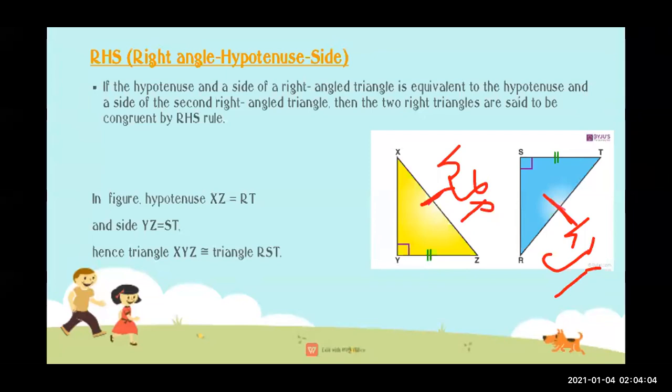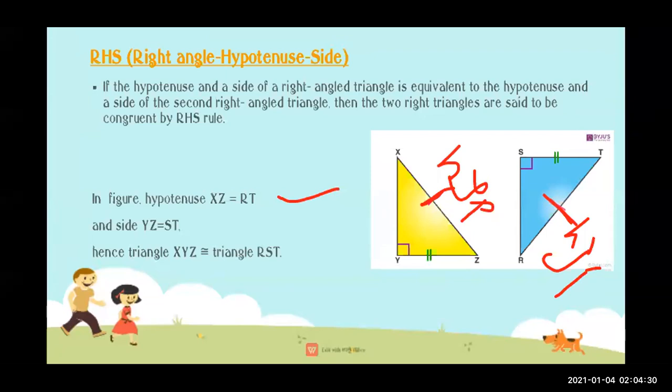Our hypotenuse is XZ, and in the other figure our hypotenuse is RT. Side YZ is equal to side ST. Hence triangle XYZ is congruent to triangle RST.